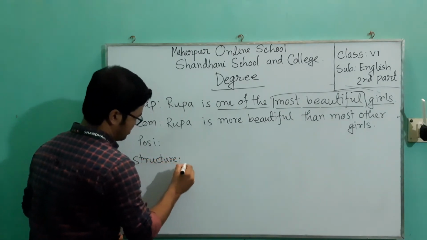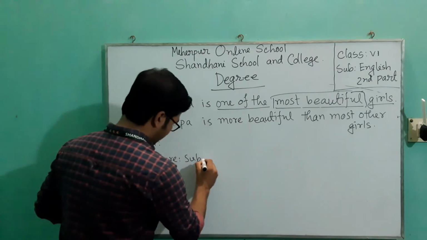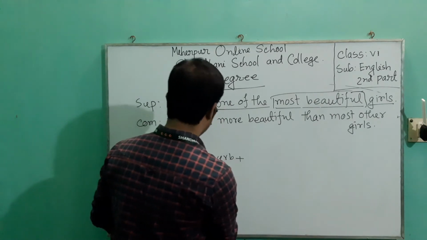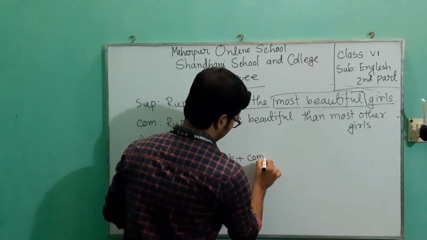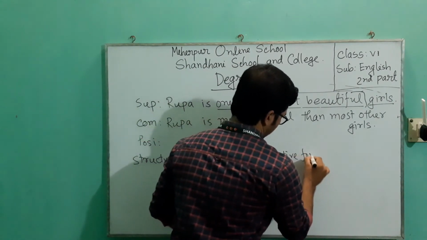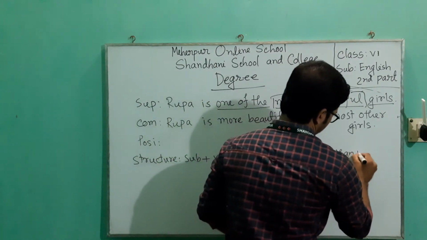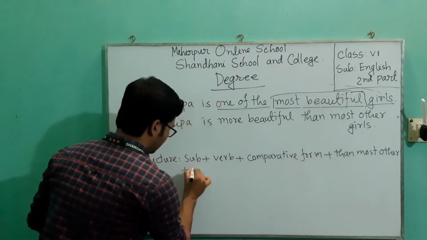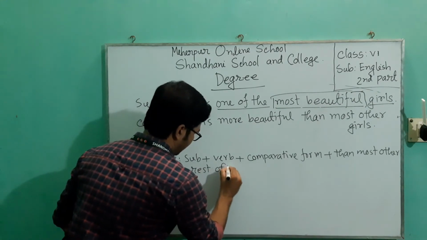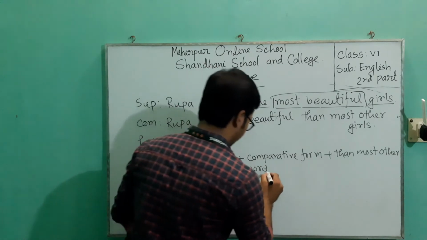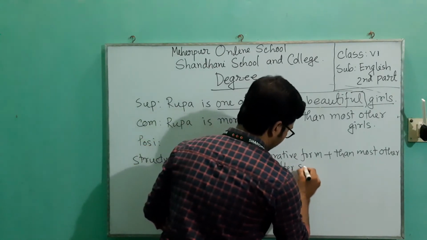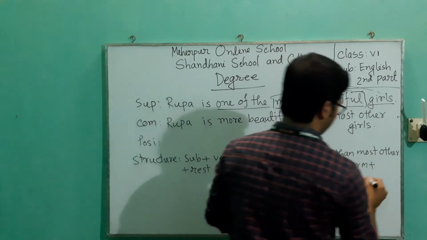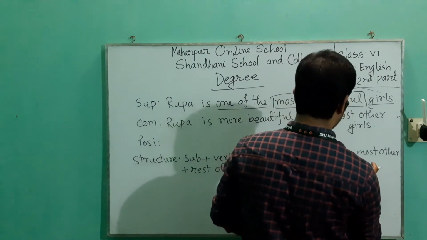Structure: subject plus verb plus comparative form plus then most other plus rest of the words after superlative form plus extension.